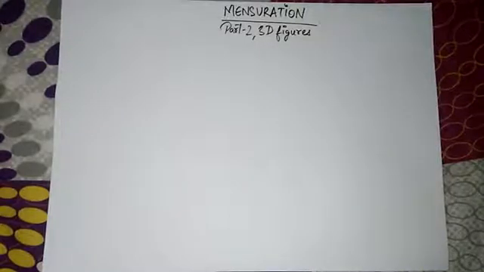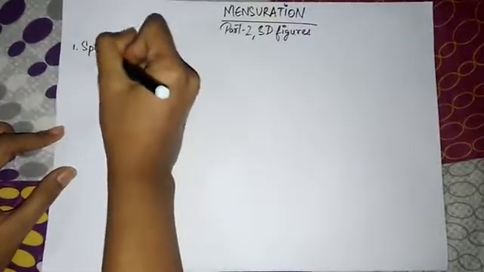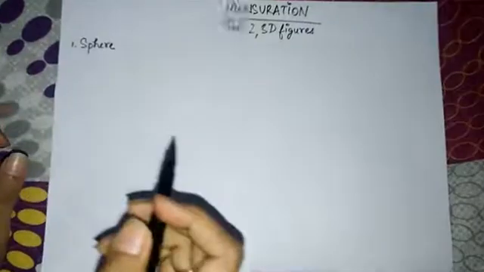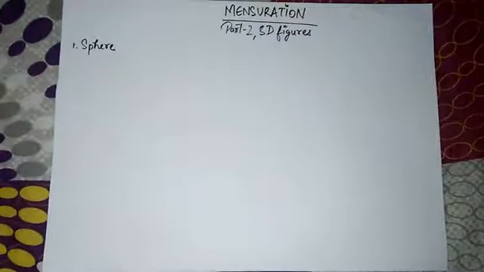So first we'll talk about sphere. A sphere is any figure which is round in shape and it has volume, so that can be called a sphere. So how can we learn the formula of sphere easily?